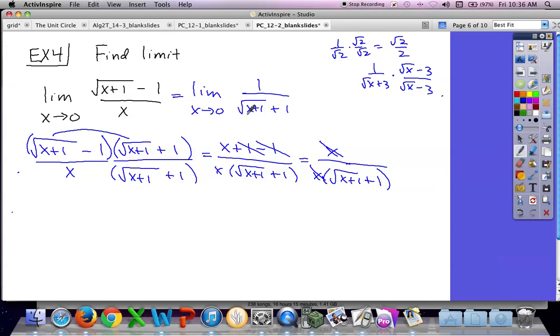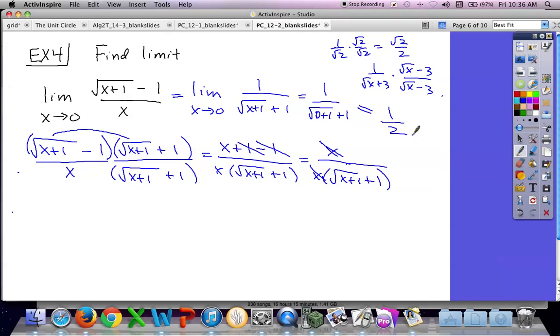Yeah, if I put in a 0 here, I get the square root of 1, which is 1, plus 1, right? And that's okay. It was a problem when it was a 1 minus 1. It's not a problem when it's a 1 plus 1, right? So this is 1 divided by the square root of 0 plus 1, plus 1, which is 1 half.